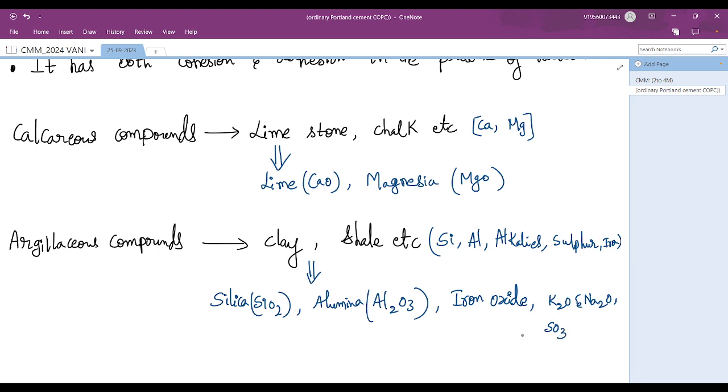So these are the ingredients extracted from argillaceous compounds.